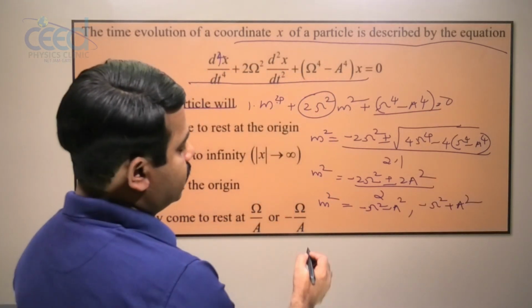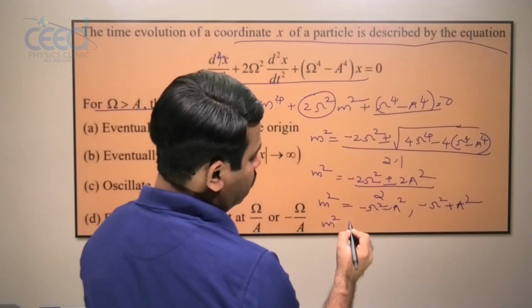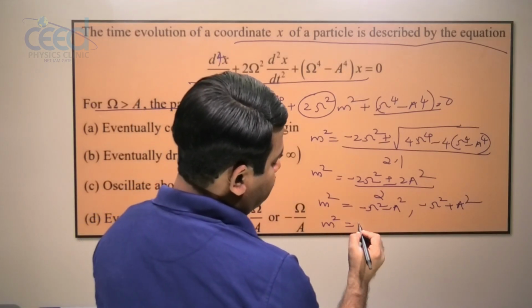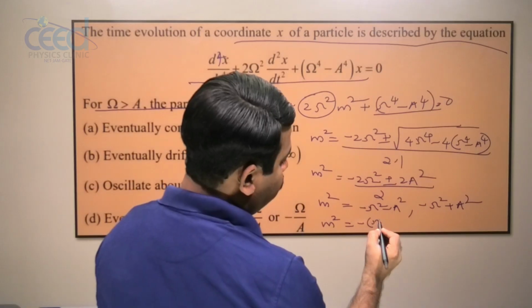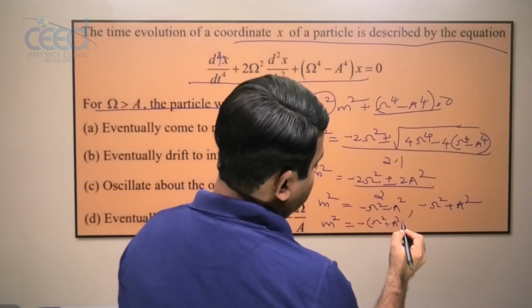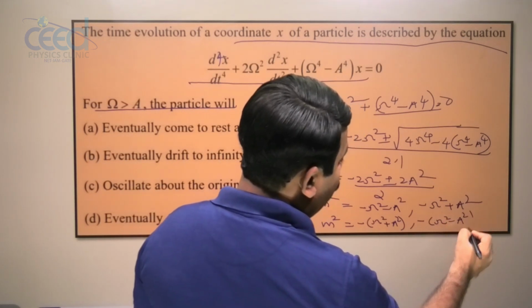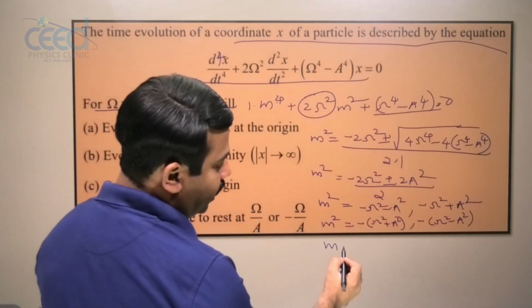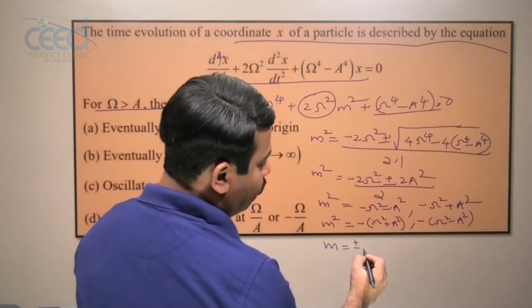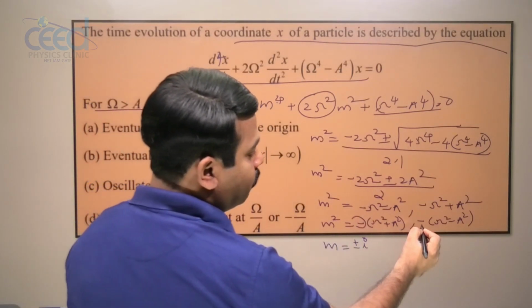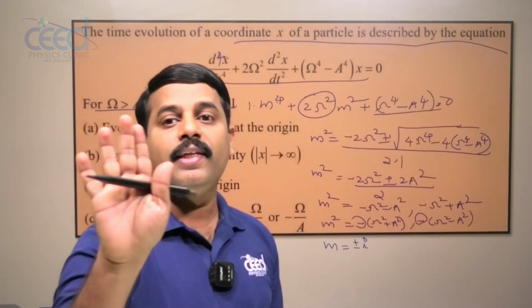In both cases I can write m square as minus of omega square plus a square, or minus of omega square minus a square. Whatever it is, by finding m you can write either plus or minus root of this minus, which is an imaginary number.